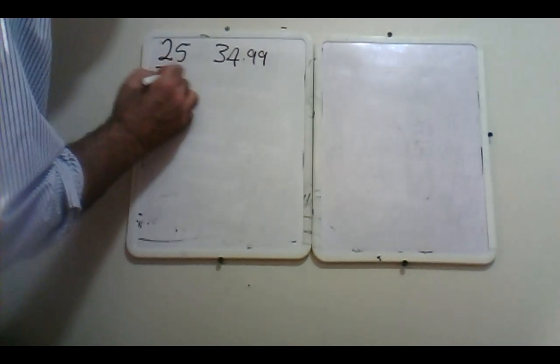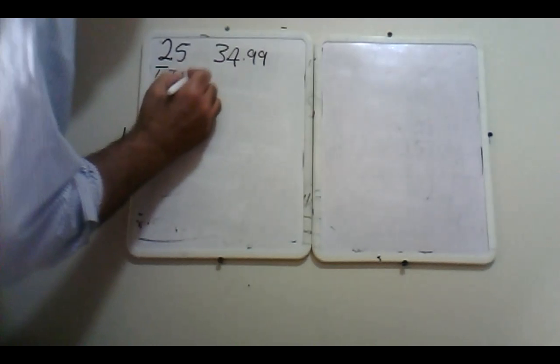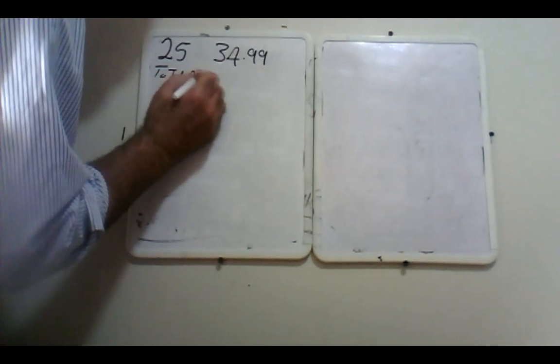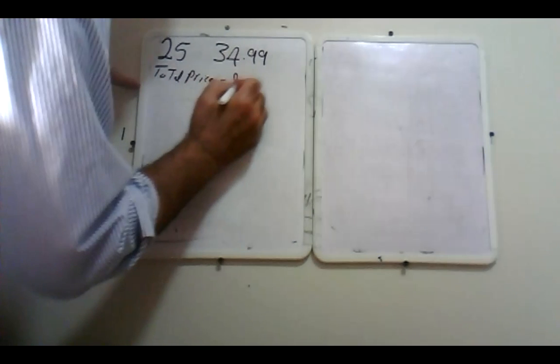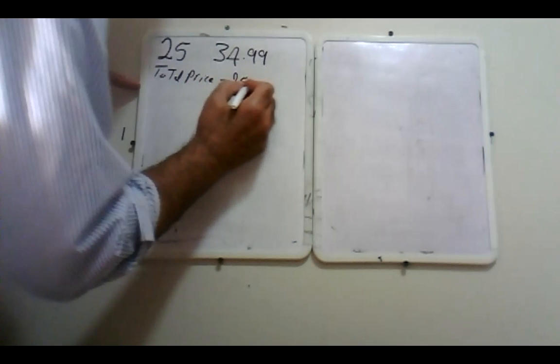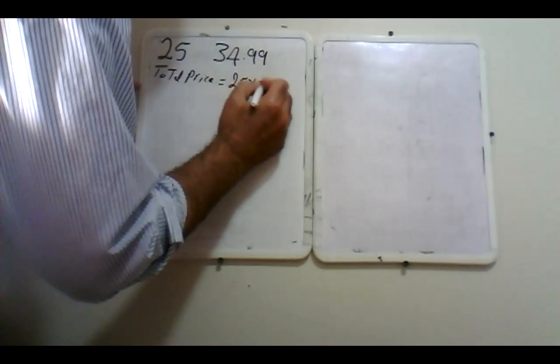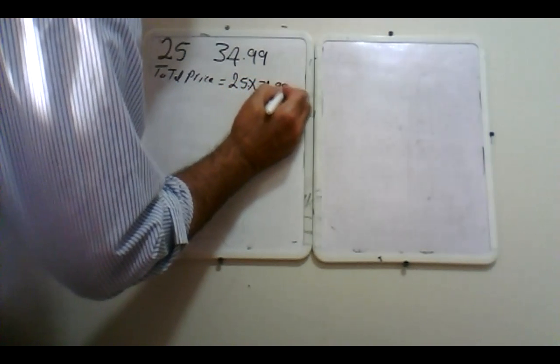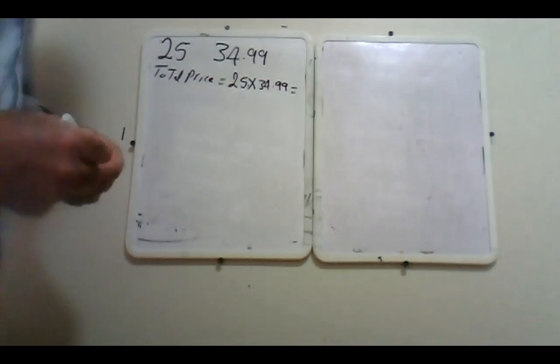We said now this is 25, 34.99. So I will say the total cost or total price will be 25 multiplied by 34.99.